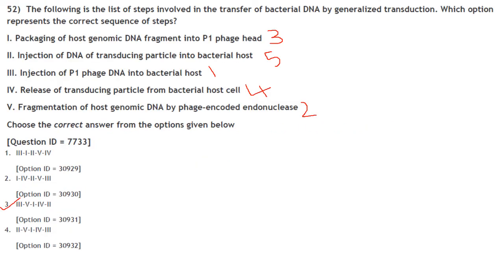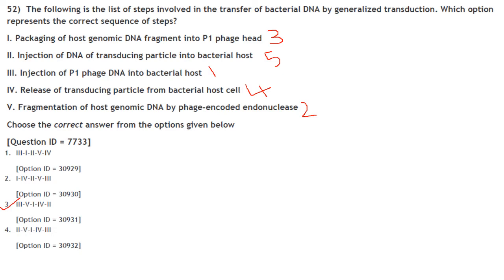The following is the list of steps involved in the transfer of bacterial DNA by generalized transduction. Which option represents the correct sequence of steps? So first one will be injection of P1 phage DNA into the bacterial host. Then comes fragmentation of host genomic DNA by phage encoded endonuclease.